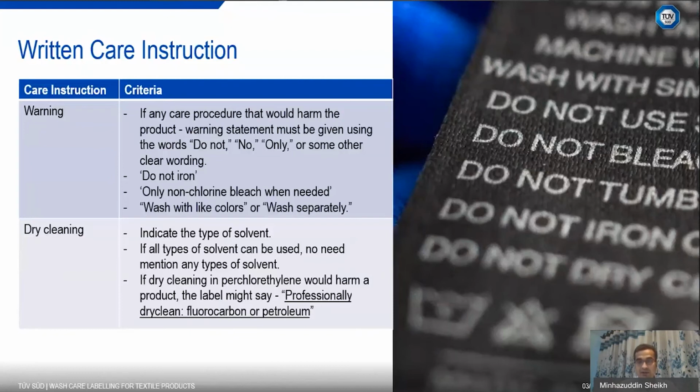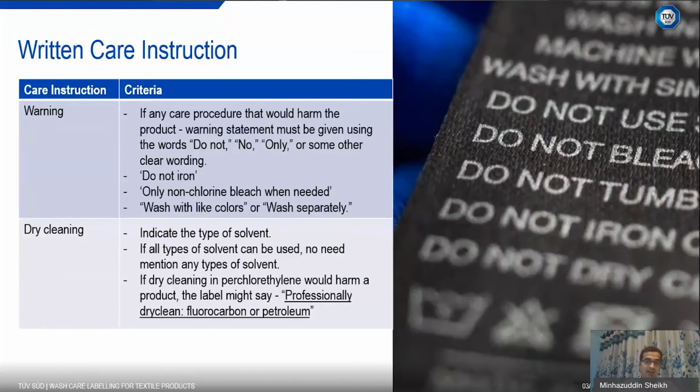Product would be safe for dry cleaning. But if your product is washable, which may not damage the product, but dry clean is also safe for the product, in that case you have to write dry clean, not dry clean only, because the product is also washable. And often we have seen that professional dry clean is also indicated on the care label.